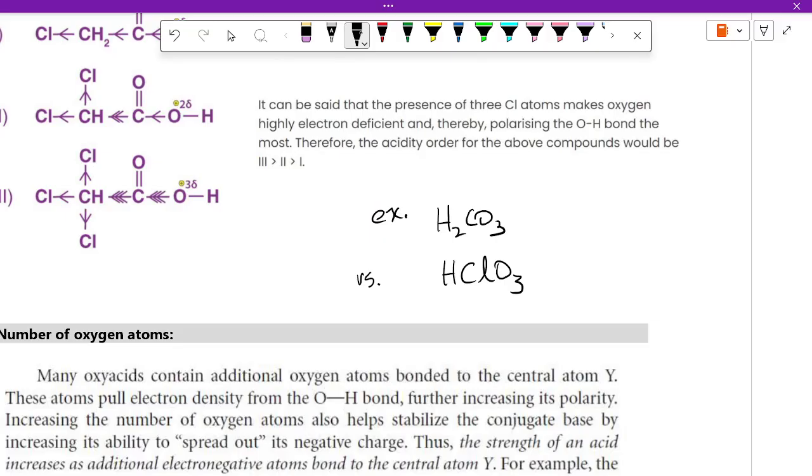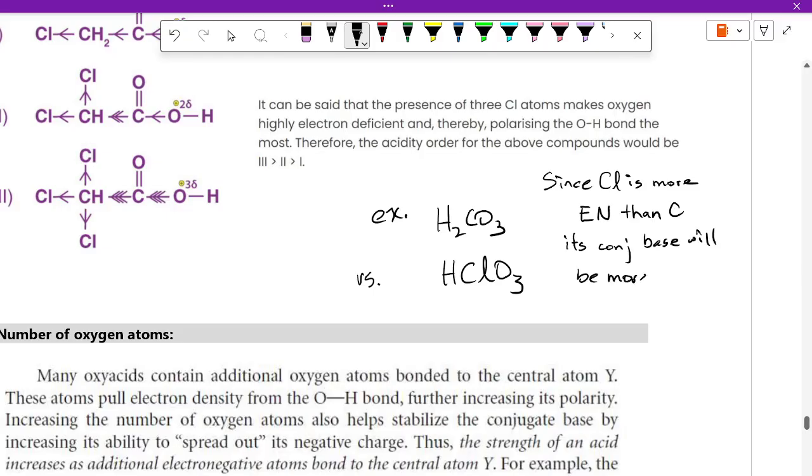We would be saying that since Cl is more electronegative than carbon, its conjugate base will be more stable. You could also say Cl is bigger than carbon, so its conjugate base is more stable. Yes?